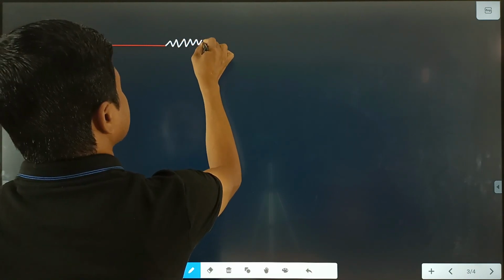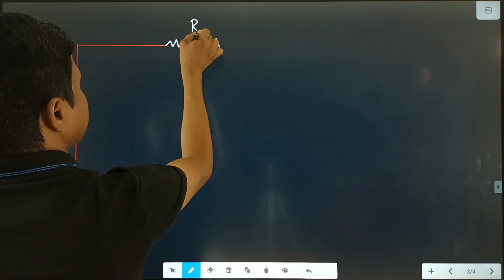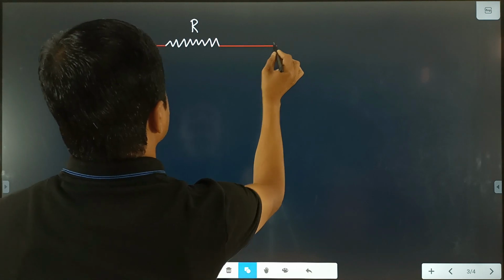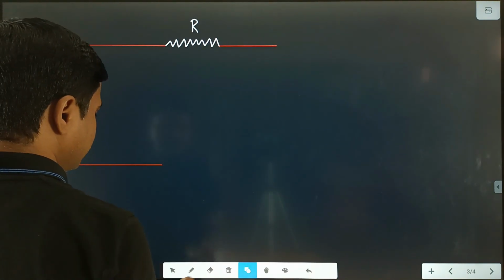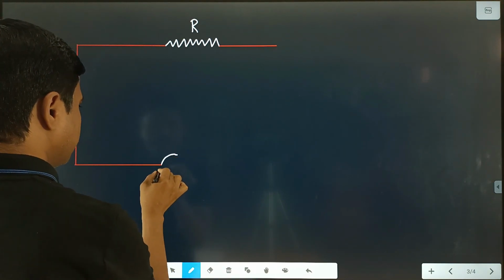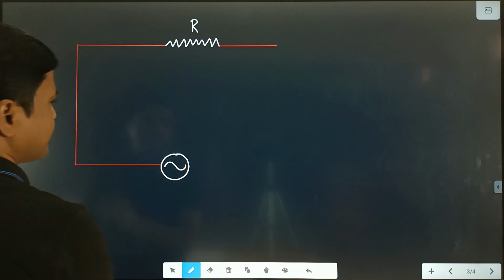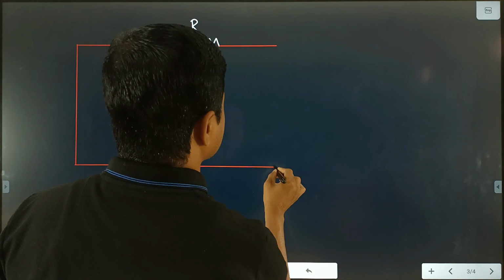This one is the resistor, and the resistance of this resistor we write suppose R. And these are the external wires, and here an alternating voltage is applied. This is the symbol for alternating voltage or alternating current in a circuit, and these are the external wires.